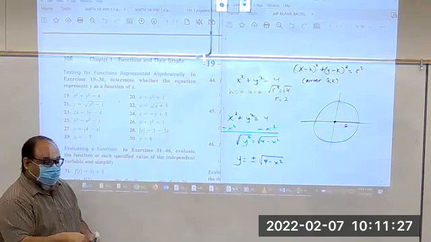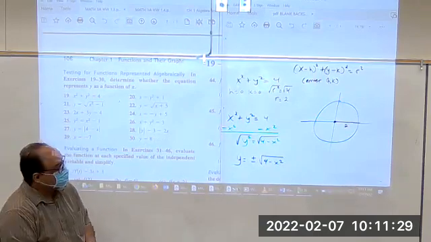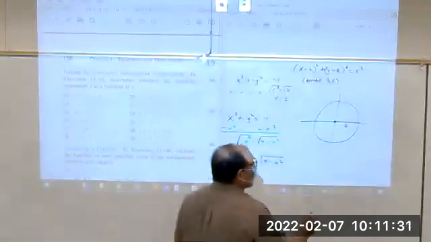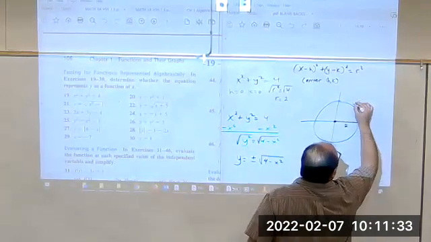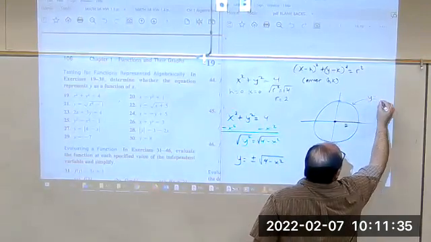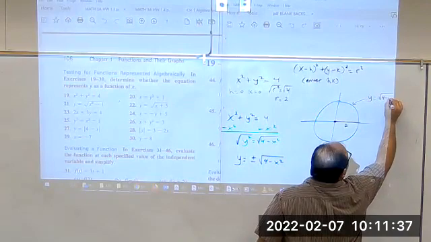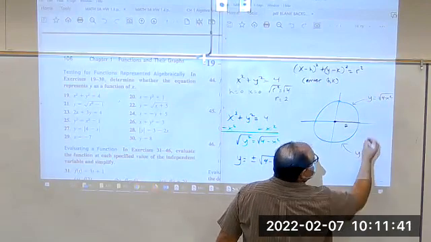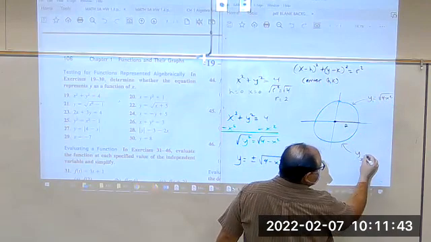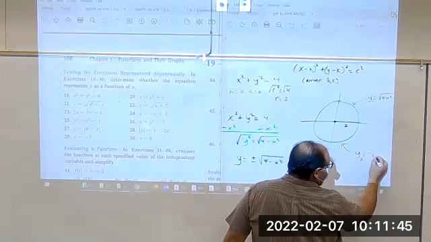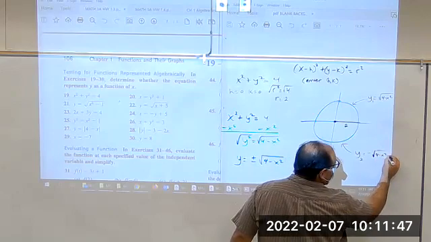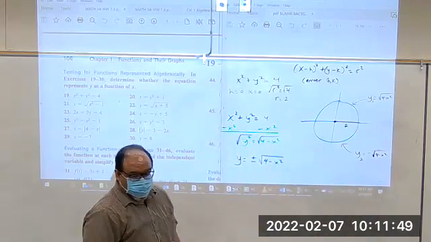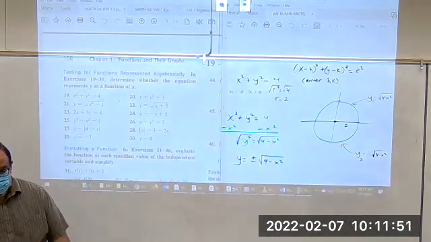When we graph this on the graphing calculator, you had to plug in 2 equations. To get the top half of the circle, you plugged in the positive square root of 4 minus x squared. And to get the bottom half of the circle, this was y sub 1, this is y sub 2, the negative square root of 4 minus x squared. You got to plug in both equations to graph.